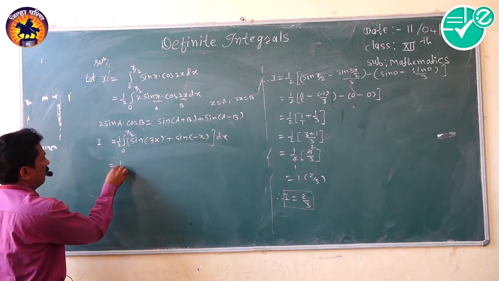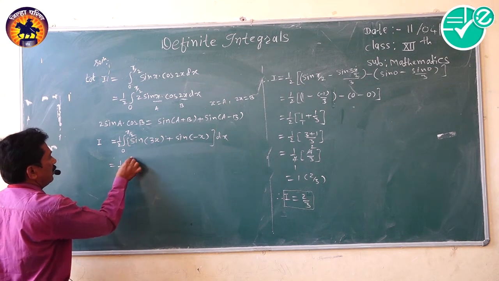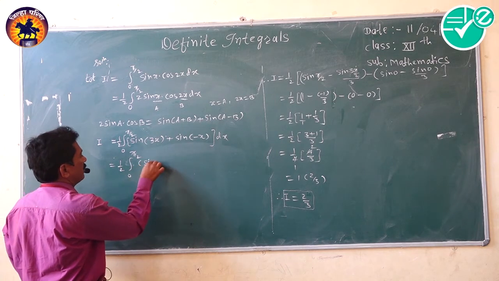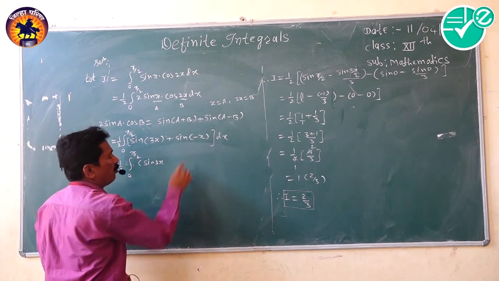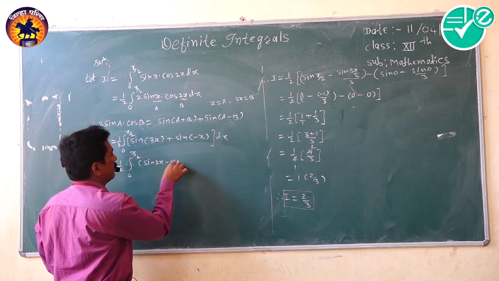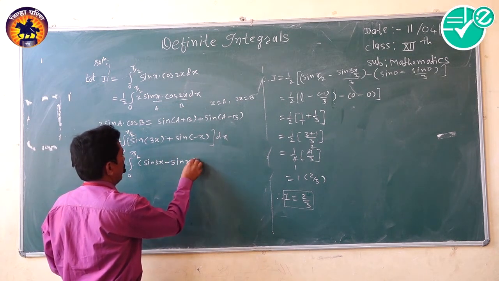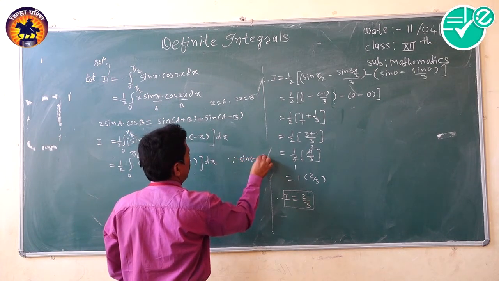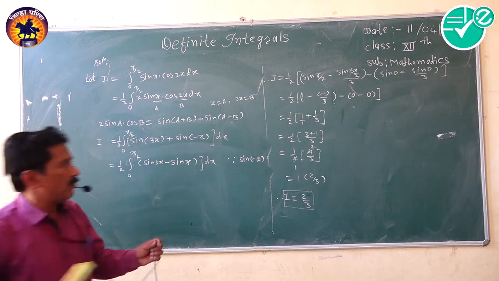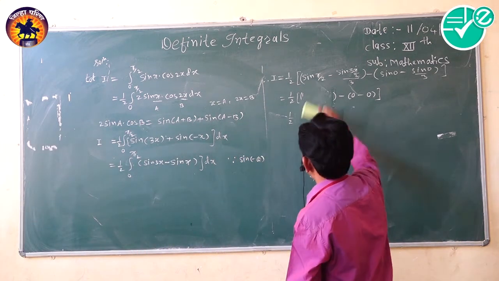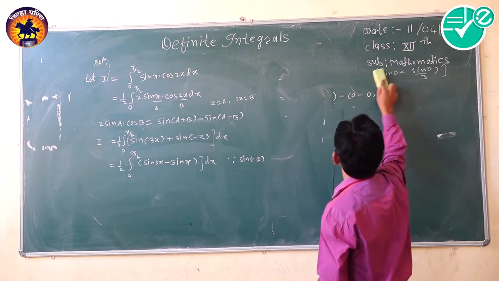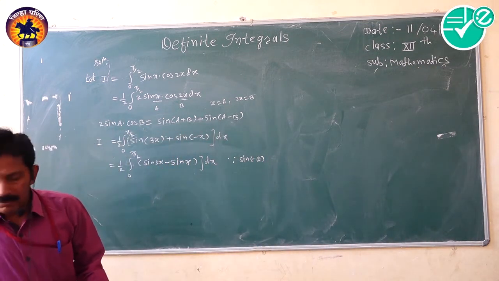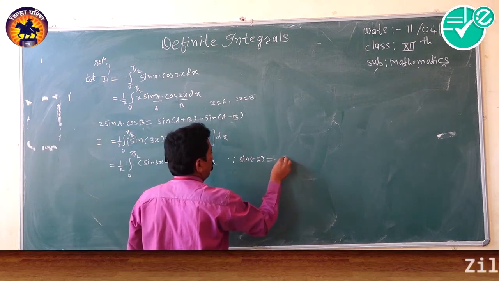This is equals to 1 by 2, 0 to pi by 2, into sin 3x, sin of minus x is minus sin x, dx, since sin of minus theta is equal to minus of sin theta.